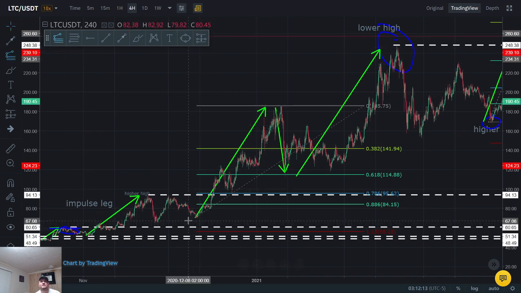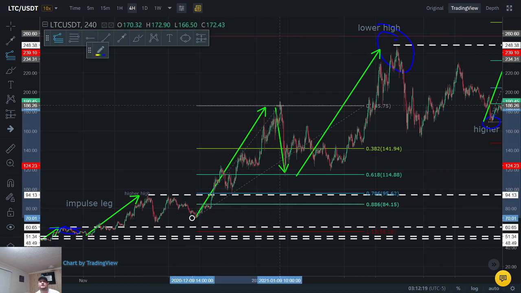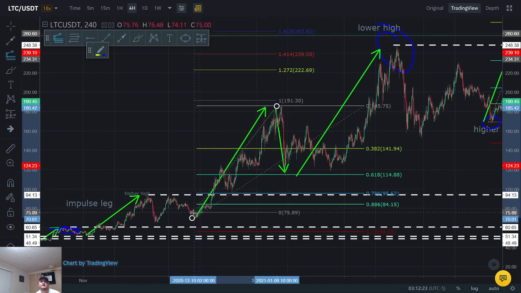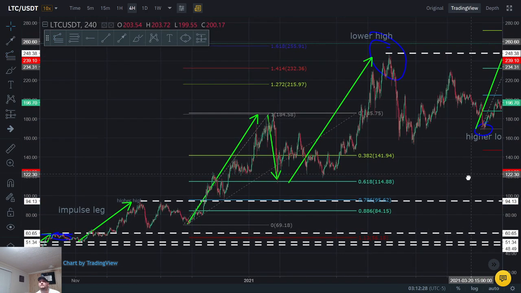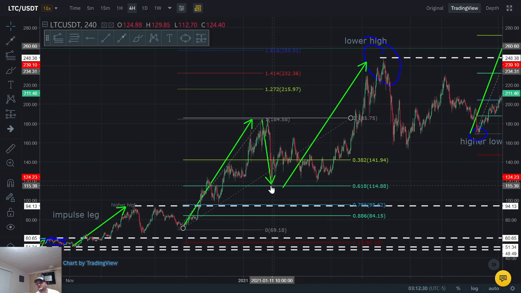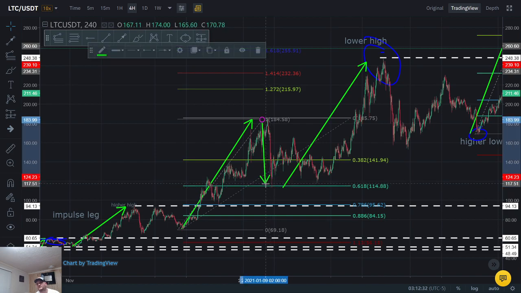I would grab my Fibonacci expansion tool. I would click from here to the new higher high at 185 and back down. I would look for the pullback to the 61.8. You'd have been quick. Looks like computers bought it.